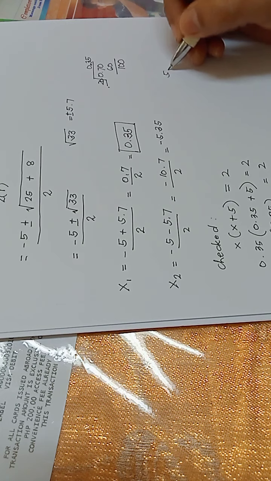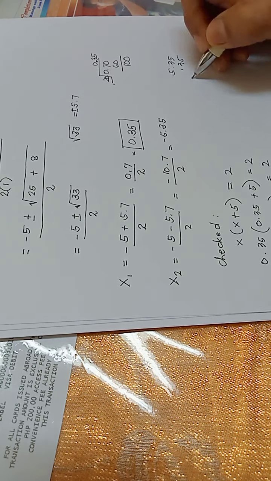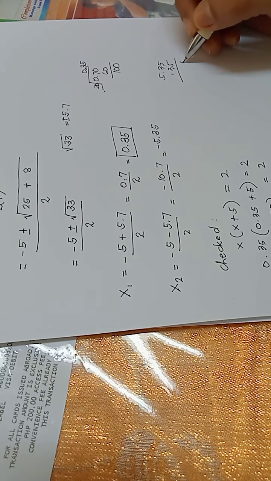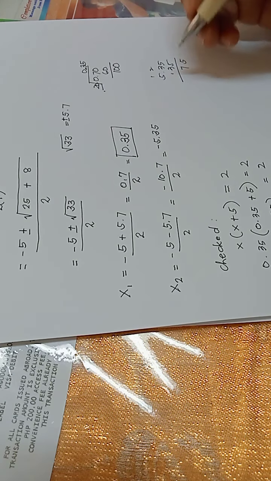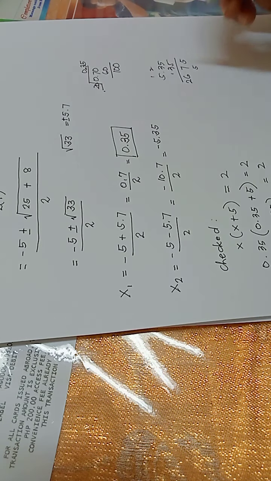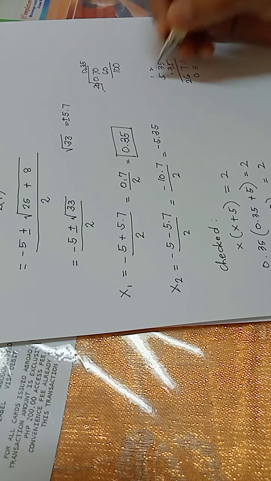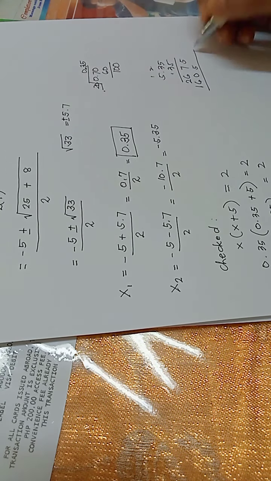So, 5.35 times 0.35. 5 times 5 is 25. 5 times 3 is 15, plus 2 is 17. Carry 1. 5 times 5 is 25, plus 1 is 26. So, 3 times 5 is 15. 3 times 3 is 9, plus 1 is 10. 3 times 5 is 15, plus 1 is 16. So, add the products.